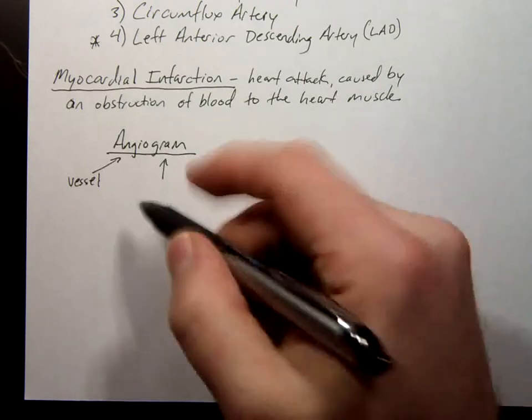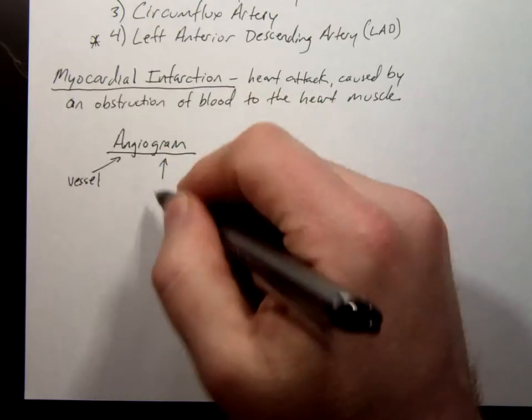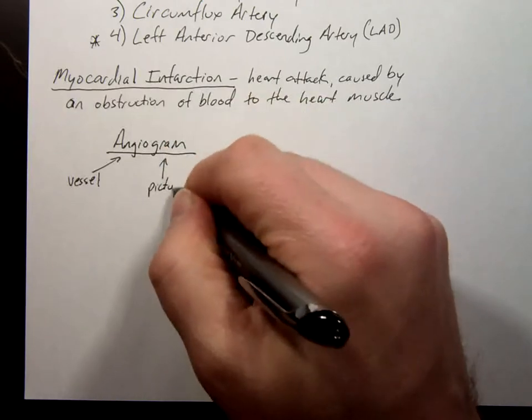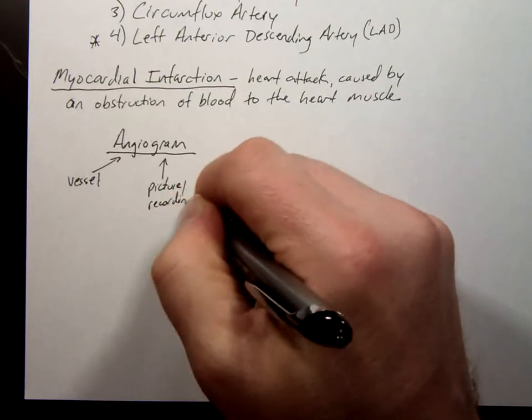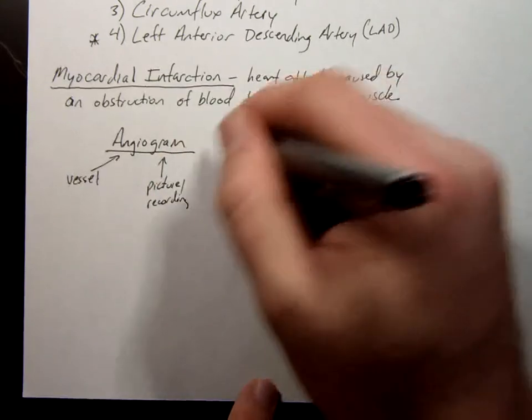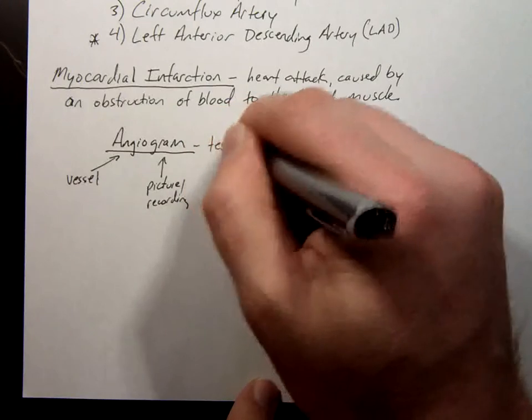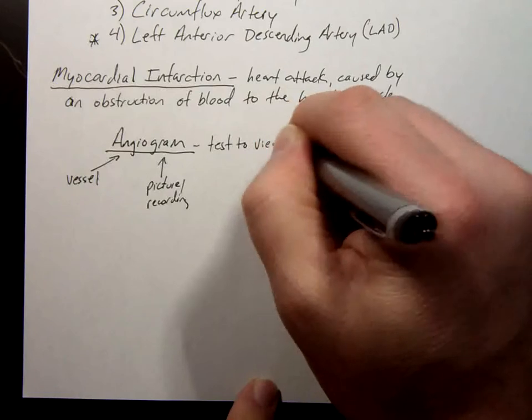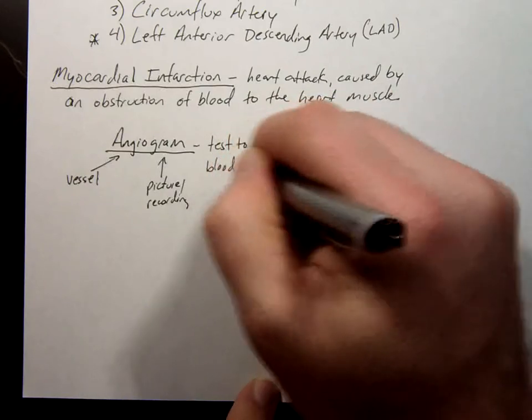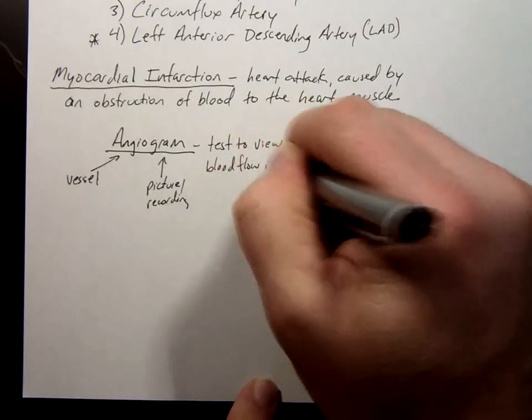Gram means record or picture, recording anything. Basically, it's results. So an angiogram is a test to view blood flow in vessels.